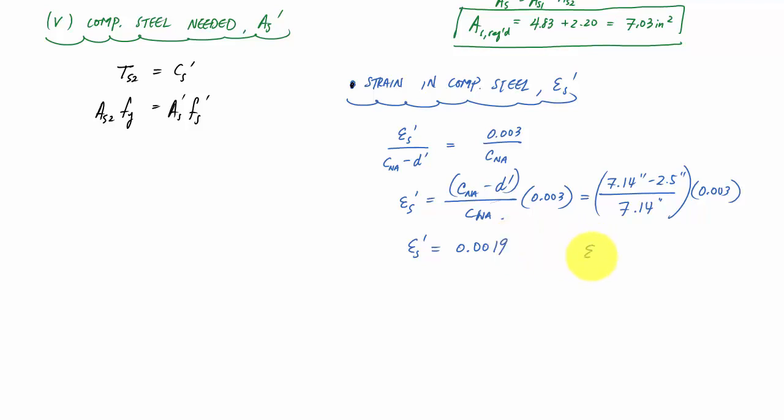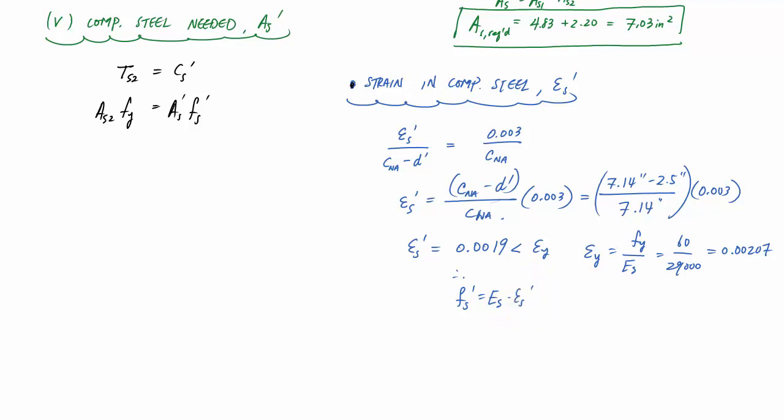The yield strain of grade 60 steel, which would be Fy over Es, is 60 over 29,000, is 0.00207, right? But nonetheless, it hasn't yielded. So that means I have to use Hooke's law. This is less than epsilon y, and therefore Fs prime is Es times epsilon s prime.